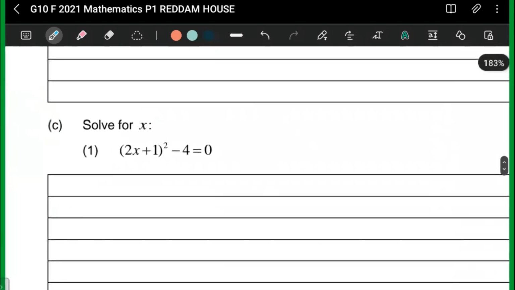Solving for x, here you have to be careful because you can actually just leave it the way it is and do the following. So here you can take the 4 to the other side. The reason for doing that is to get rid of the square, you have to square root. But before you can square root, you have to make sure that what you're square rooting is one thing on its own that has the square.